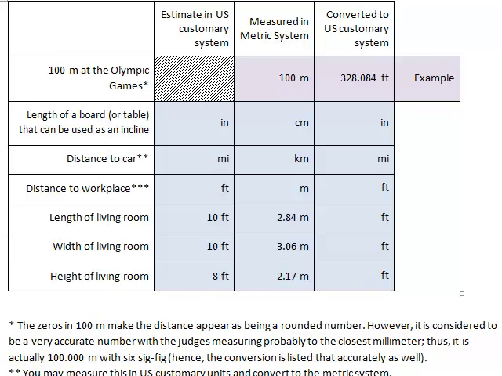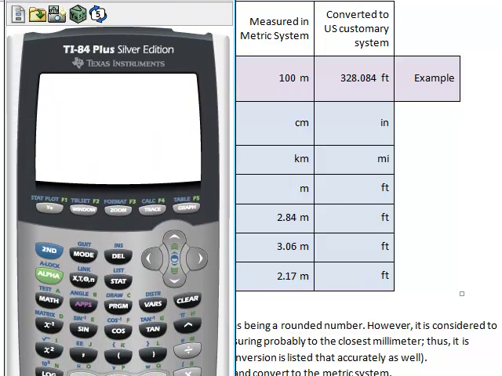And then I'm going to convert as accurately as I can. So I'm going to take 2.84 meters and divide that by 0.3048 meters to the foot, and there it is.